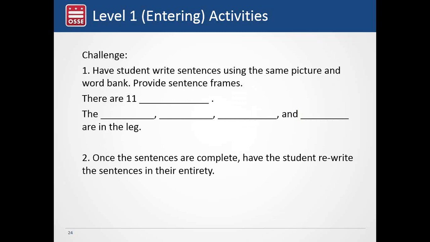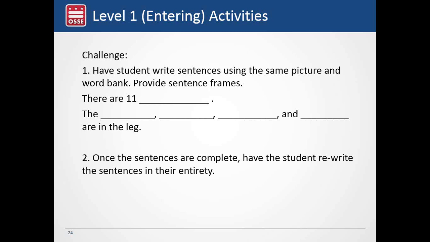To challenge that student, a teacher could have the student write sentences using the exact same picture and the exact same word bank, but the teacher would provide sentence frames like you see below. One sentence frame says, "There are 11 blank."